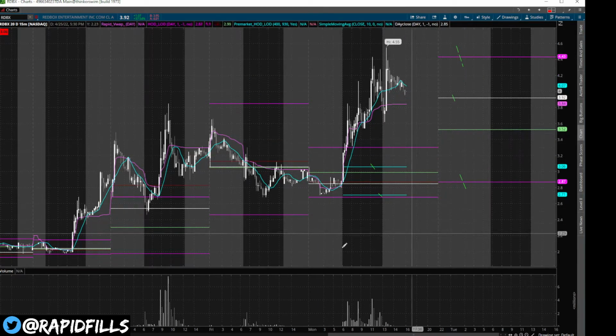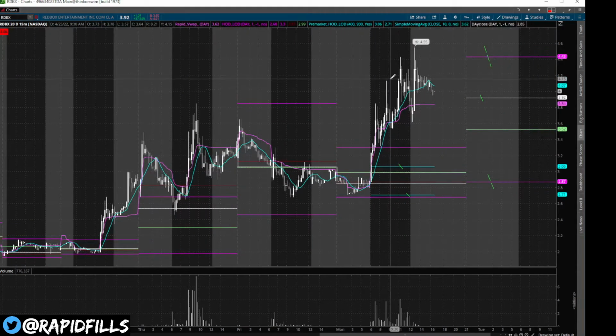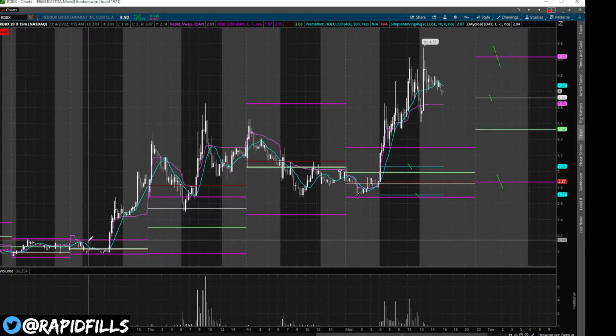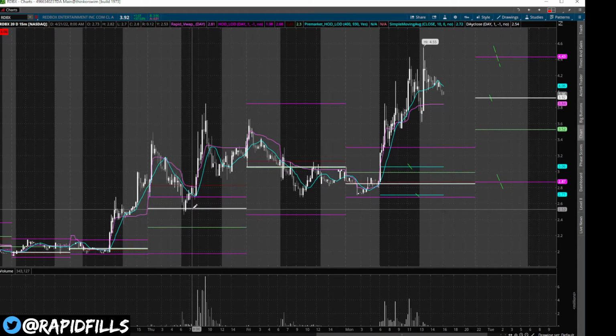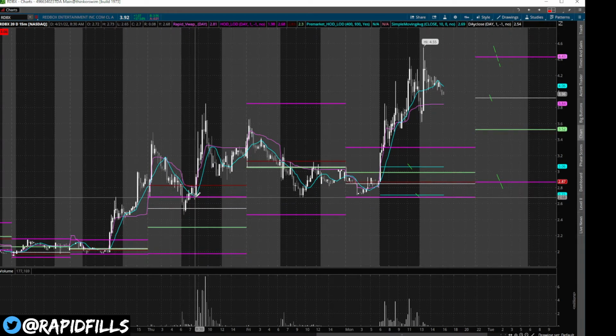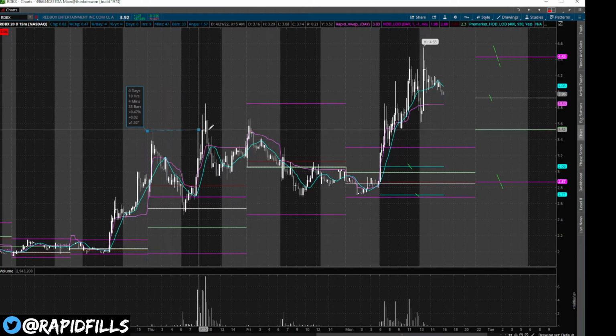This gives me an idea of where the stock is in relation to yesterday. Is it breaking out or not? Taking it step by step on the 15-minute chart, the stock broke out, pulled back to yesterday's close, bounced off of that, reclaimed yesterday's highs, and shot up to the pre-market high.